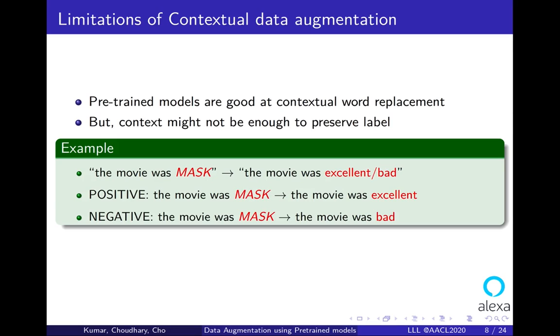If my sentiment is positive, I want to replace mask with excellent. If the sentiment is negative, I want to replace mask with bad. If we are not providing label information to these models, it's very difficult to preserve this information because the model doesn't have label information, so it doesn't know whether the right choice is excellent or bad.